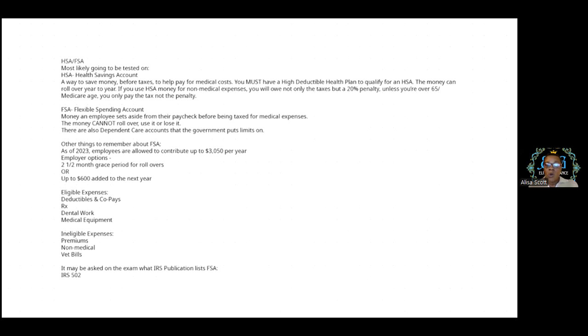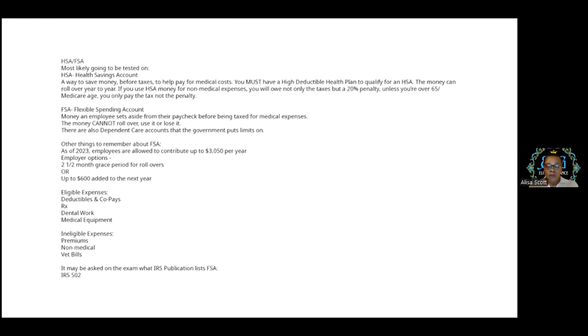I know I said that normally you cannot roll over funds from your FSA from year to year. But one of those options, if your employer decides to do so, is a 2.5-month grace period to roll over those funds and use them before you lose them.